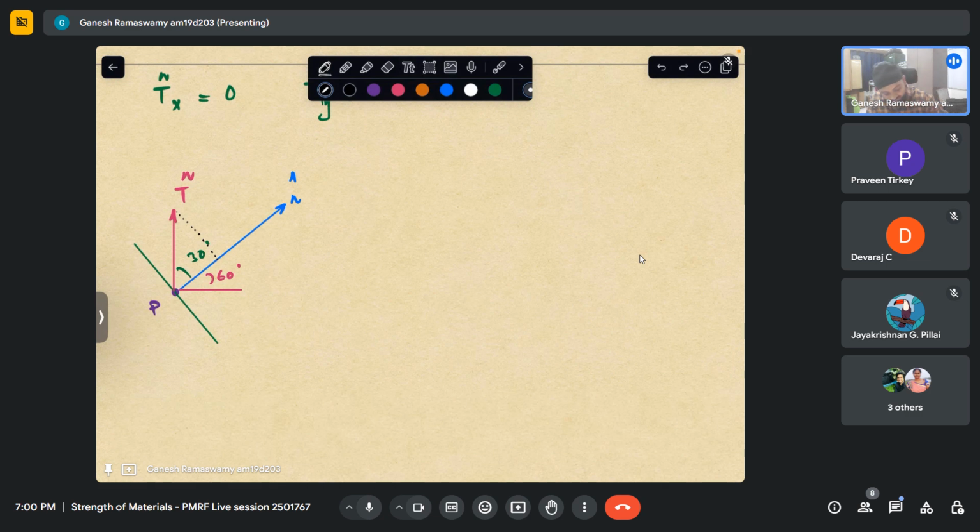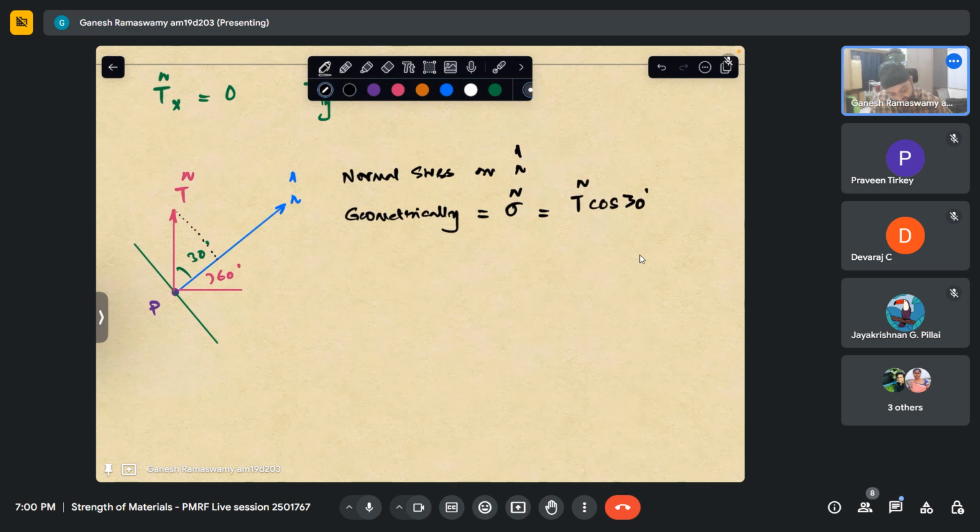So geometrically we can see that the normal stress, denoted by sigma n, is nothing but Tn cos 30 degrees.